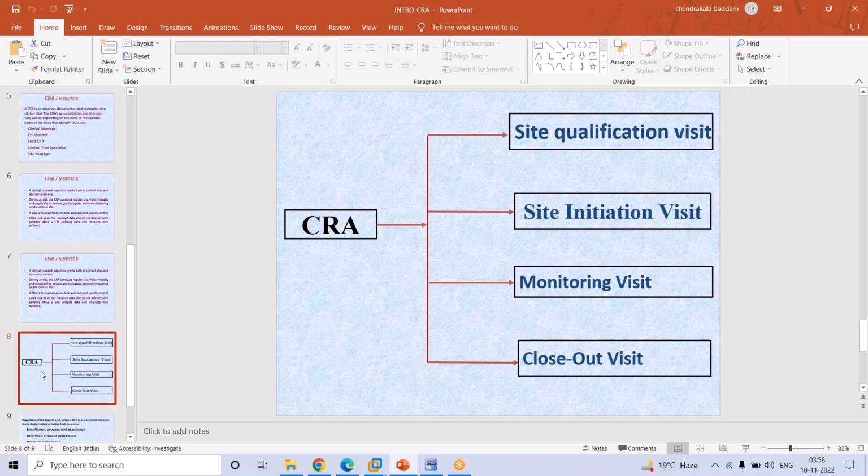Next, they'll perform the initiation visit. So in the initiation visit, what do they do? So this is the last step. Initiation visit is the last step before the study site is activated for enrollment. After this, they can start enrolling the subjects.